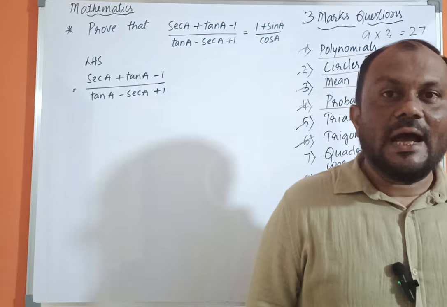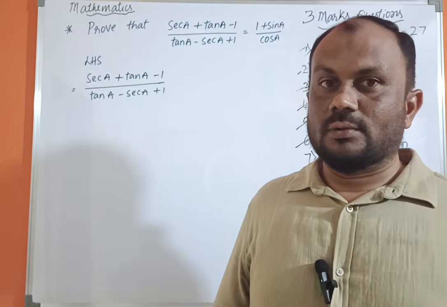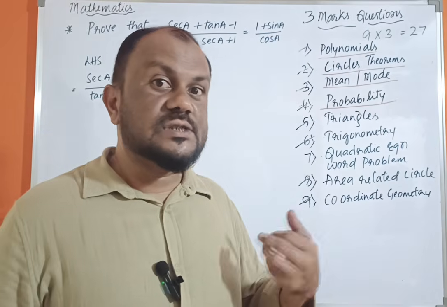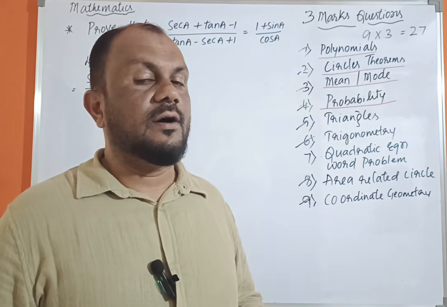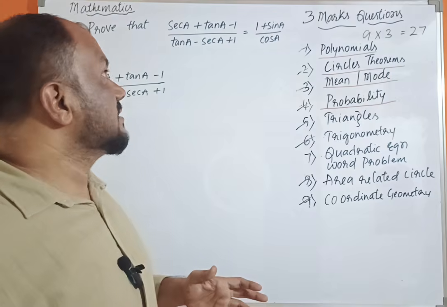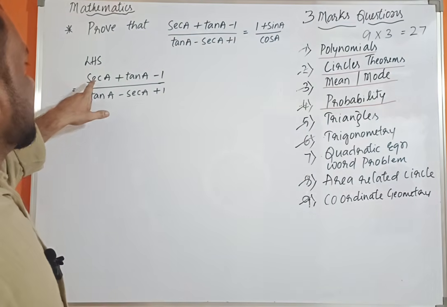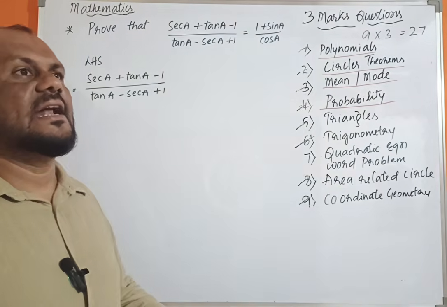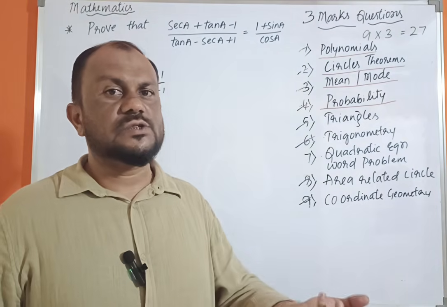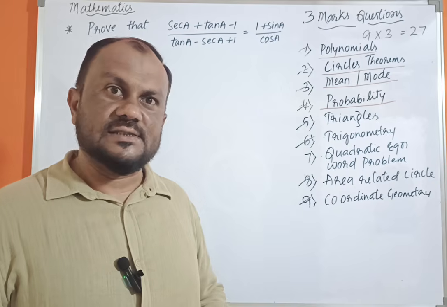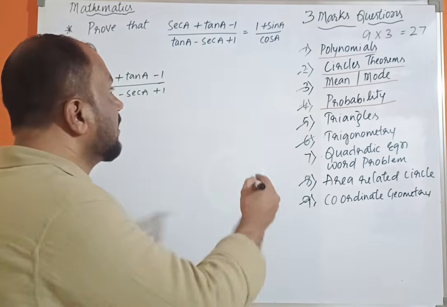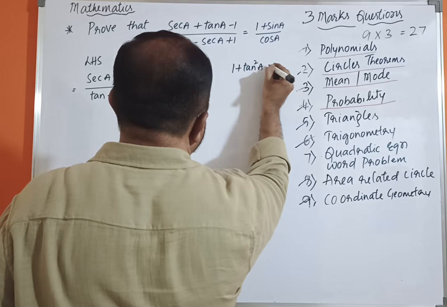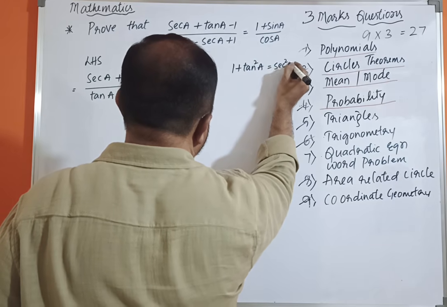Just to recall, you have done a sum like this in your textbook, where you divided by sin and converted and used the identities and found the answer. But here it is very simple. Secant A plus tan A is given. Is there any identity in which both the ratios secant and tan are involved? Yes, we have one identity. What is that? 1 plus tan square A is equal to secant square A.